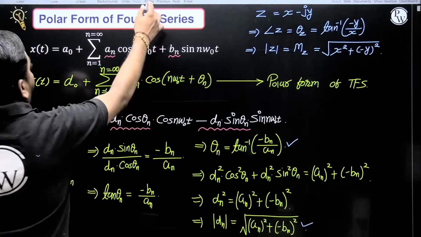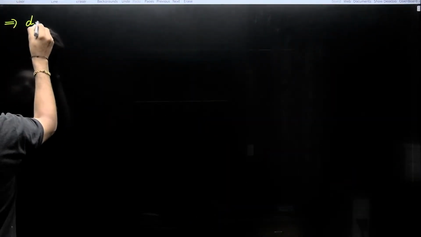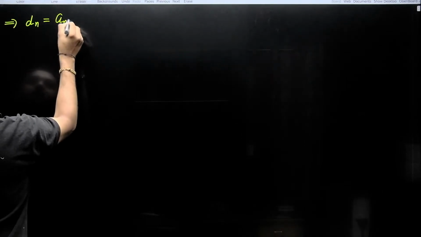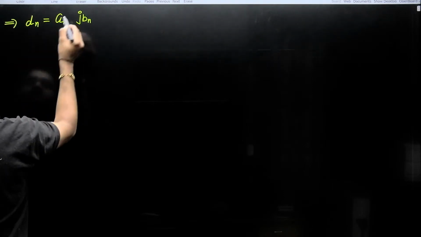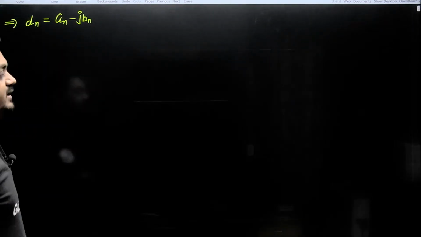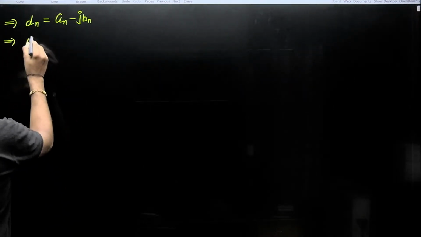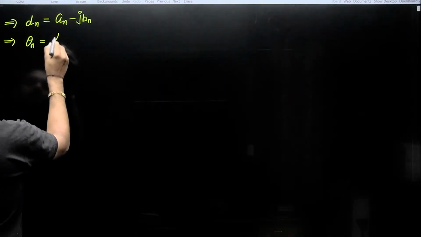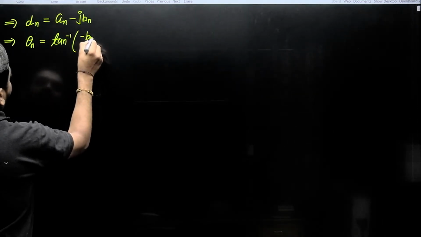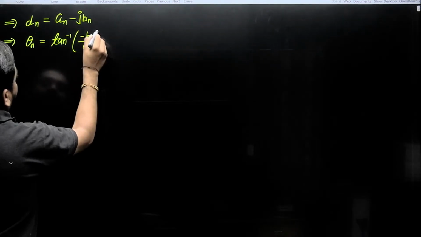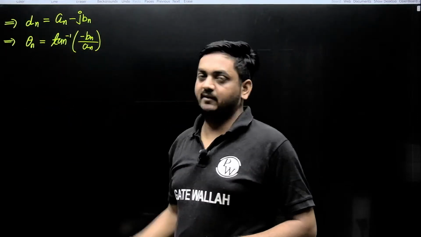So after comparing, what we can say here, the real part is an and the imaginary part is minus j bn, guys. What is theta n? Theta n is tan inverse of minus bn upon an. So if you have an and bn, then you can find dn and theta n.